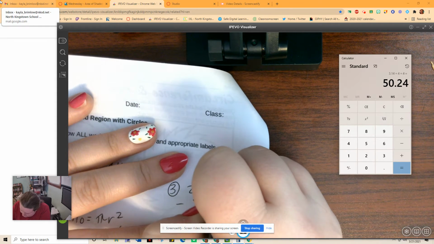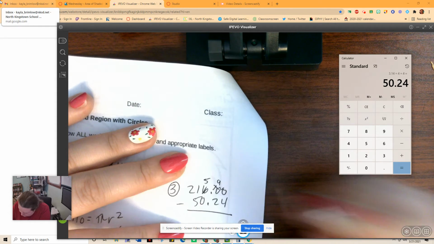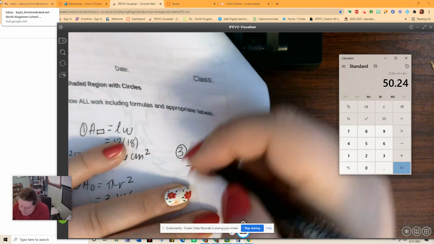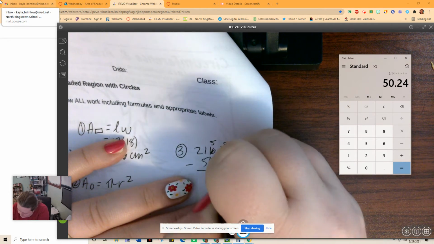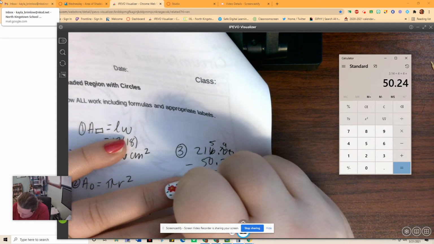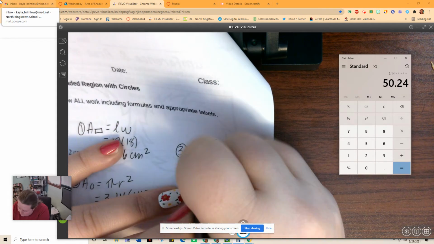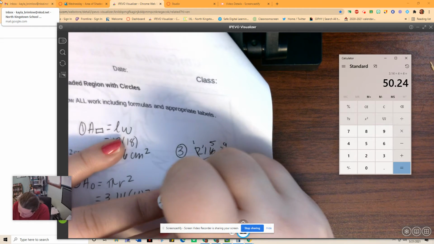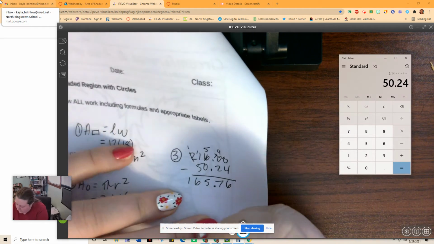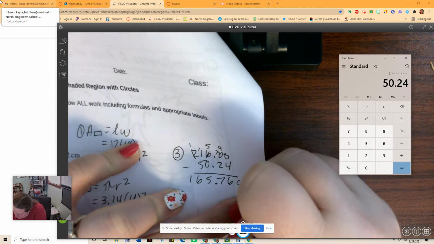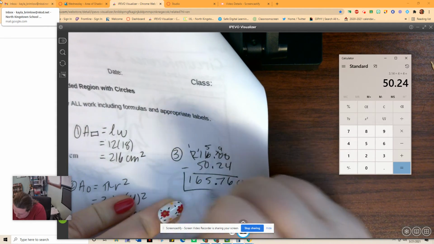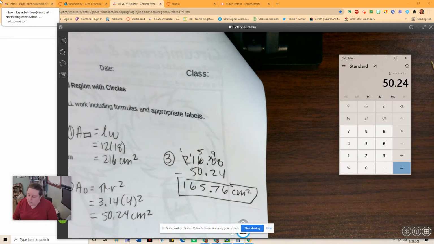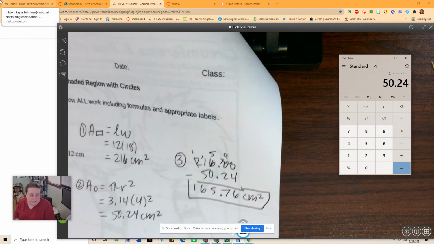So I'm going to change this to a 5, change that to a 10, which I need to borrow again, changing this to 9 and then a 10. 10 minus 4 is 6, 9 minus 2 is 7, carry down that decimal point. 5 minus 0 is 5. Gonna have to borrow again, and I get 165.76 centimeters squared. So this is the area of just the shaded region, okay, which is what I wanted.